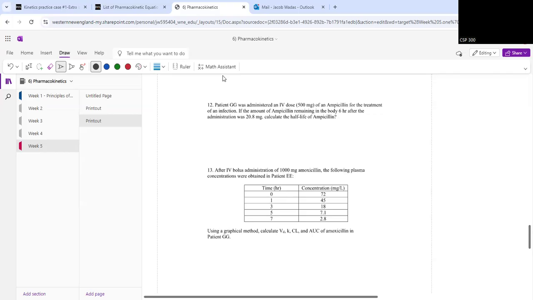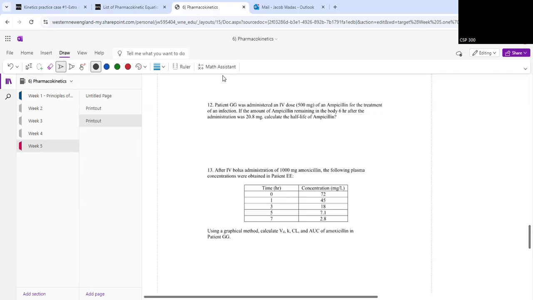Yeah, for the negative K, since we have fraction remaining and time, could we use the e to the negative K times t equation? I tried, but didn't get it right. You don't know what the half-life is, so you can't use that.